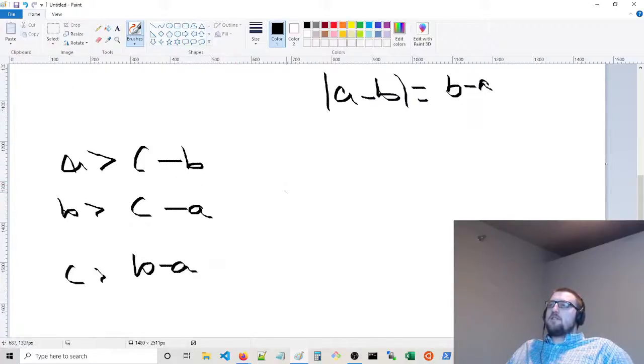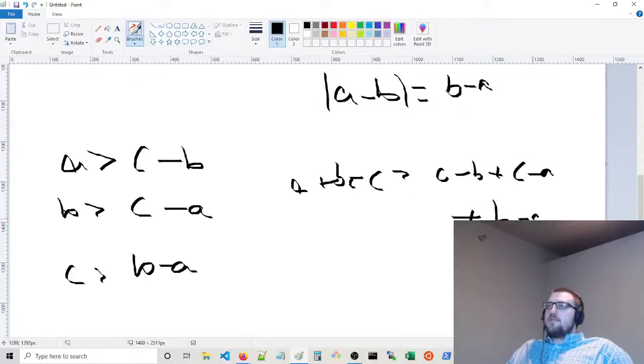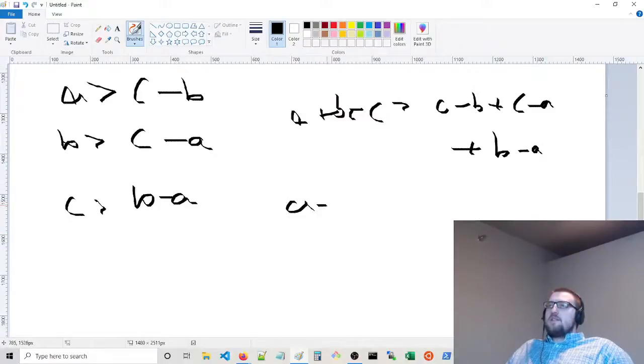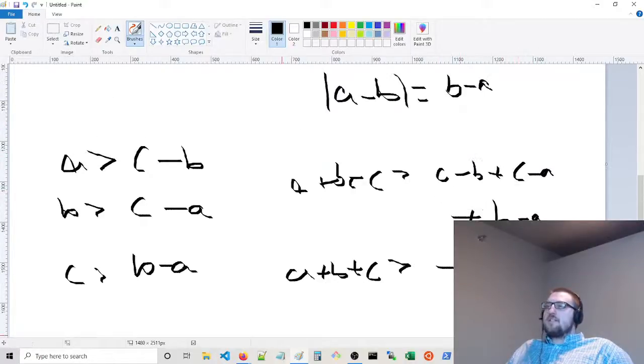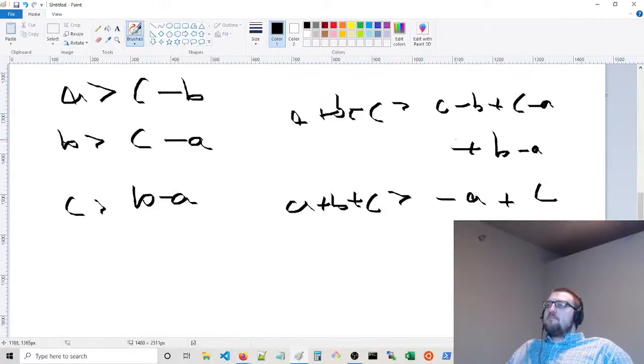Now if we add all these together, we get A plus B plus C is greater than C minus B plus C minus A plus B minus A. Which gives you A plus B plus C is greater than negative A plus C. Interesting.